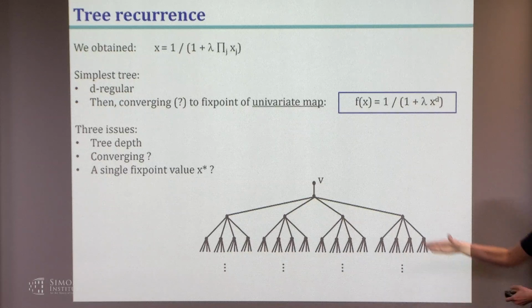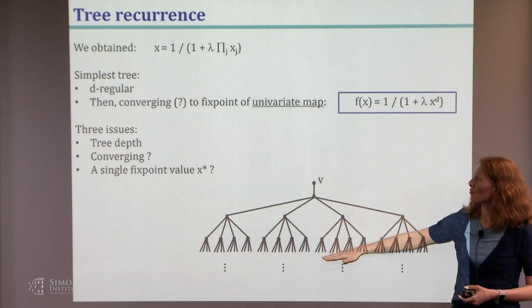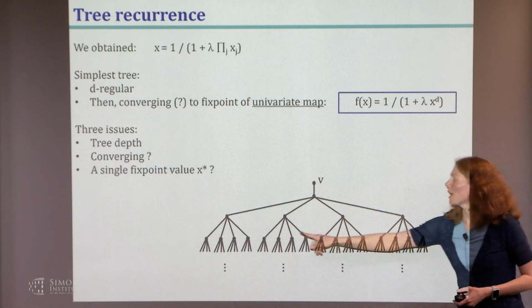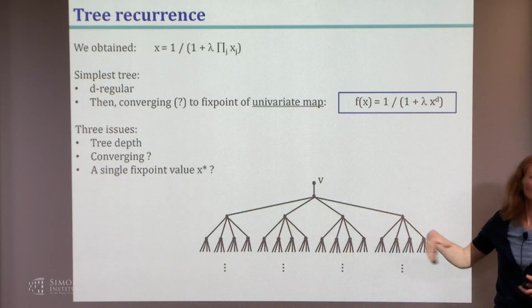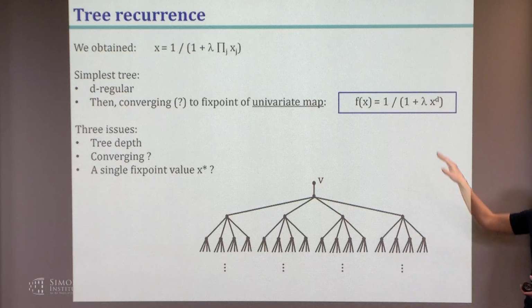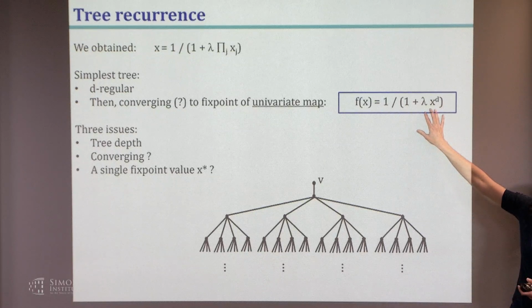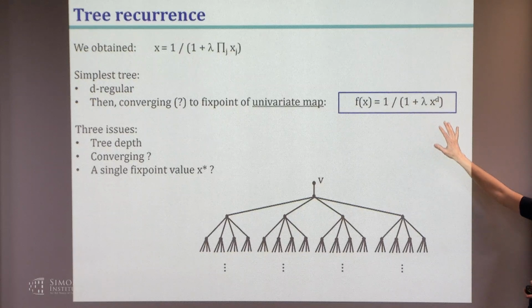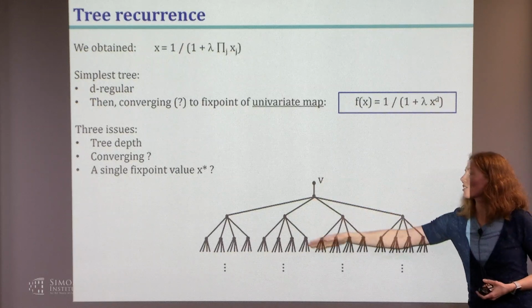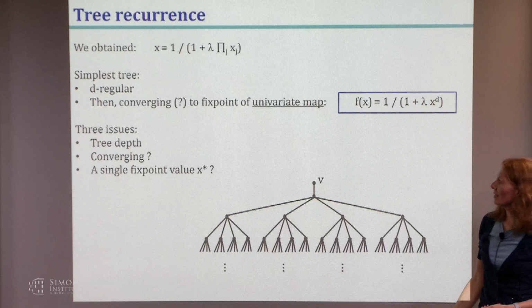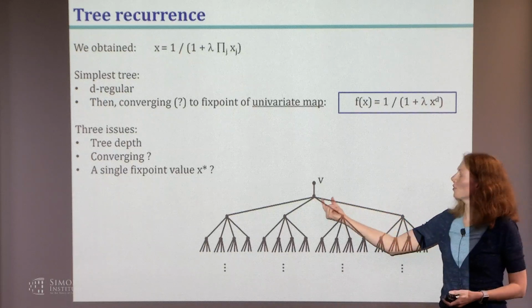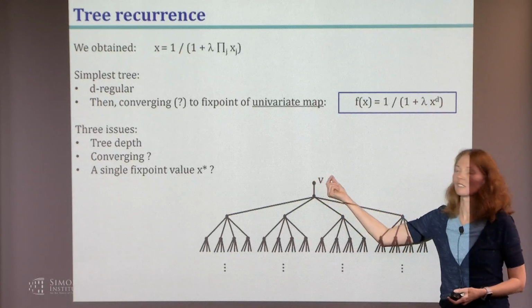Well, if I look at a complete d-regular tree, then my smaller trees are all the same, which means the activities that they implement are all the same, which brings me to the following univariate recurrence. Okay? And I can see, okay, so if I build my gadget as a complete d-regular tree, does it give me anything? Well, hopefully it will converge somewhere to some fixed point.